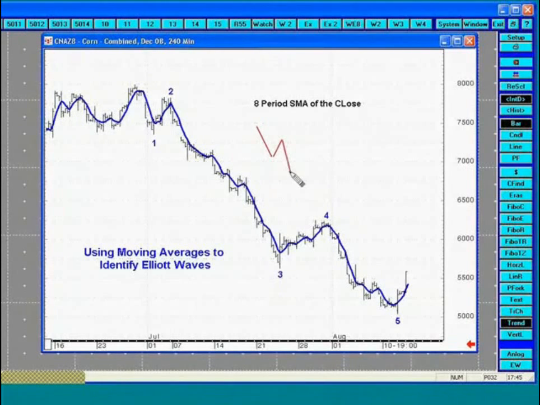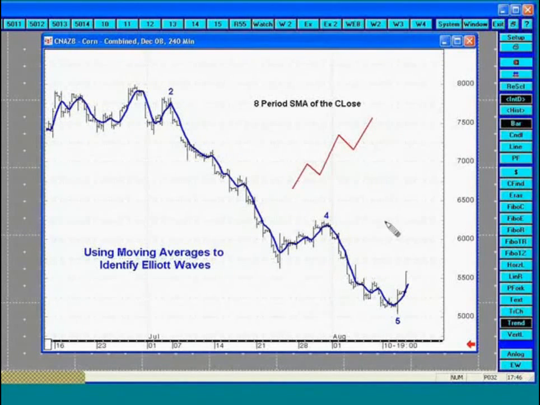For example, this little pattern here, many of you know as a flat correction. 3 waves in wave A, 3 waves in wave B, followed by a move to the downside, an impulse or motive wave in wave C.